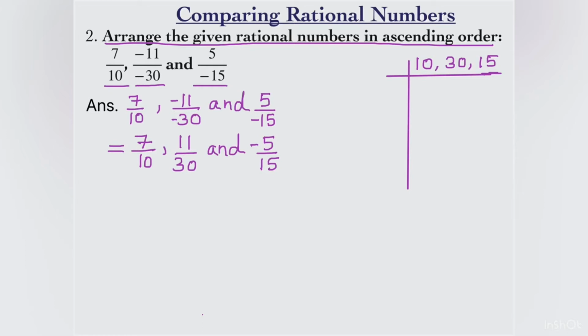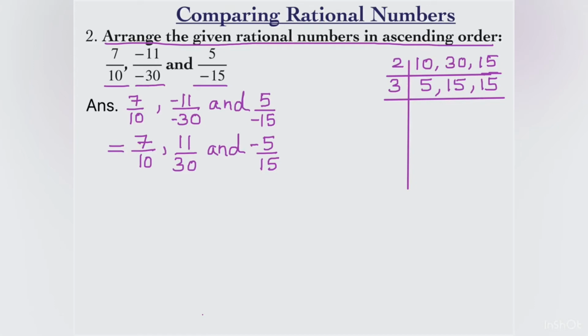Since 10 and 30 are even numbers, let's divide by 2. 2 times 5 is 10. 2 times 15 is 30. Since 15 is not divisible by 2, we will write it as it is. Now we cannot divide by 2 since the numbers are not even. So the next prime number that we are going to choose here will be 3.